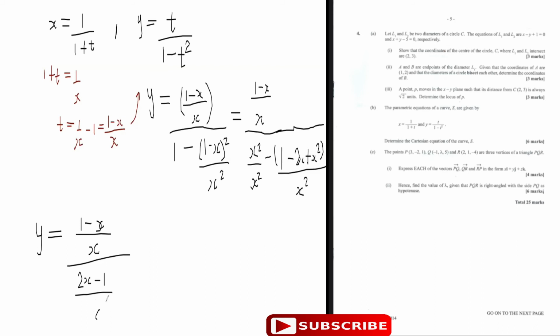Now whenever you're dividing two fractions, you can rewrite it as 1 minus x over x multiplied by, when you change the sign from division to multiplication, you flip it, x squared over 2x minus 1. And so the x cancels out with an x from the x squared.